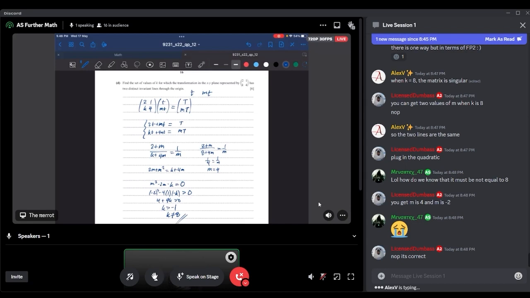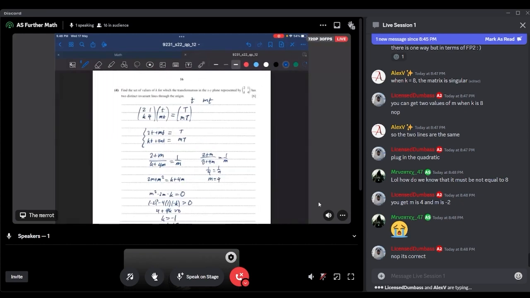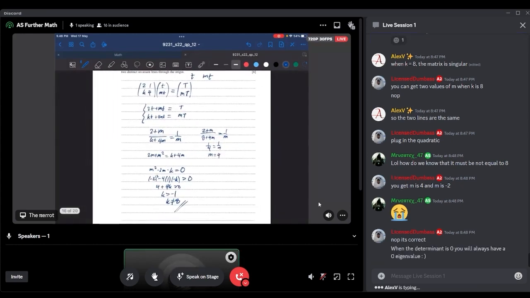But then when m is minus 2, what's the reason? Zero eigenvalue. We don't talk about eigenvalues in FP1, but yeah, that's valid.